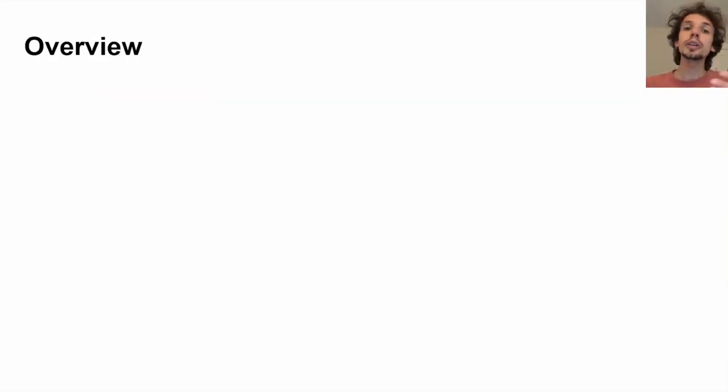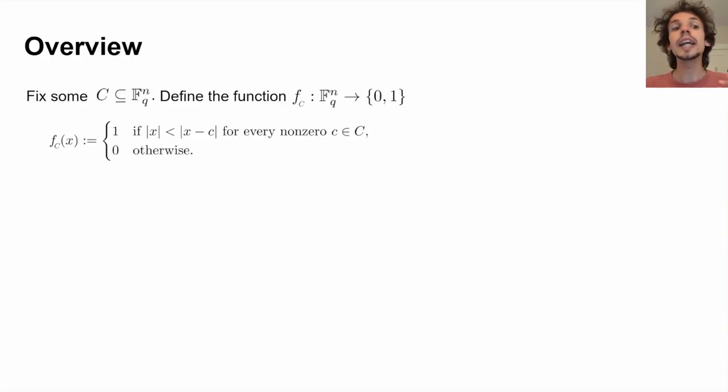Okay, now that we've seen all of the tools that we are going to need, I'm going to give you a general overview of how the whole proof works. So first, for any linear code C, we define f_C to be the indicator function of a successful decoder.